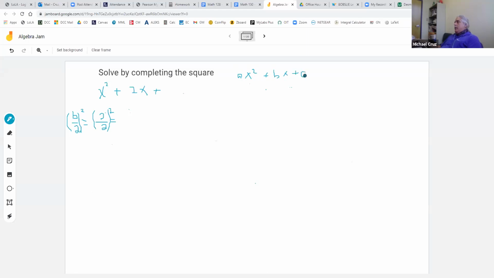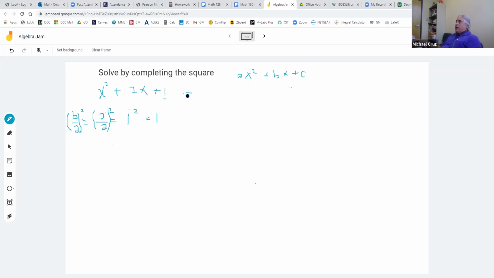So that's where the b comes from. All right, so the b is the number in front of the x. So we're taking half of that. So half of 2 is 1, and 1 squared is equal to 1. So then they're only asking for that value right there.